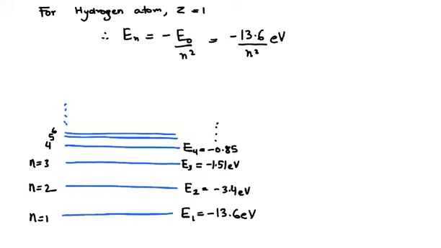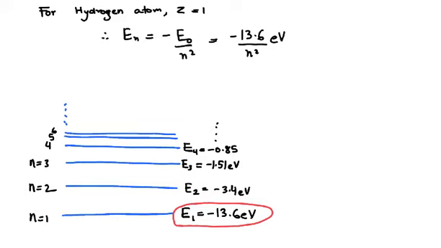So E1 here with the lowest energy state is also called the ground state, and E2, E3, E4 are the corresponding excited states. For example, E2 will be the first excited state for the hydrogen atom, E3 will be the second excited state, and so on.